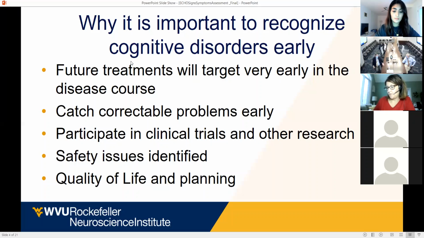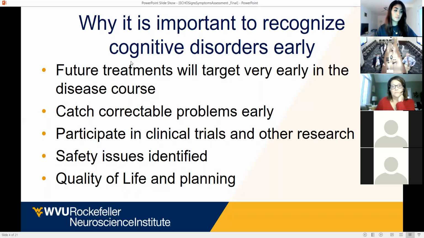And we think that some of these treatments will work best if we don't have to deal with a lot of damage that's been done already. So going forward, getting good at identifying people early will be really important, because the treatments are going to be geared towards early in the course, maybe even before somebody's really having too much in the way of symptoms. So that's one reason that it's important.